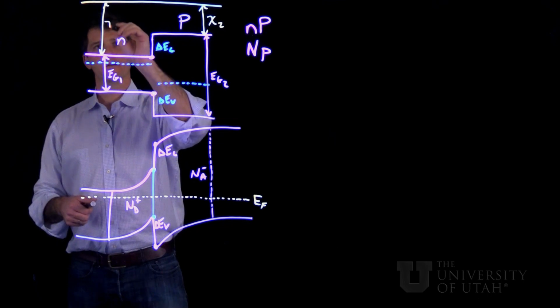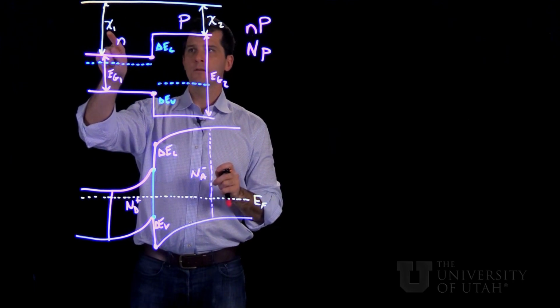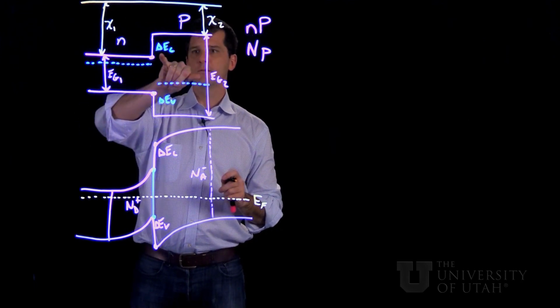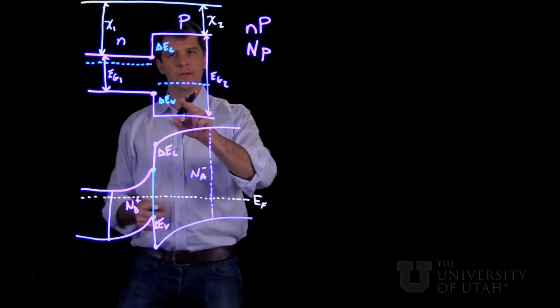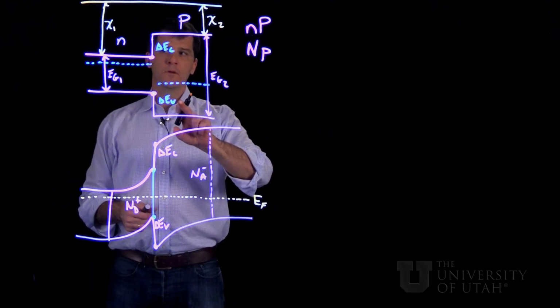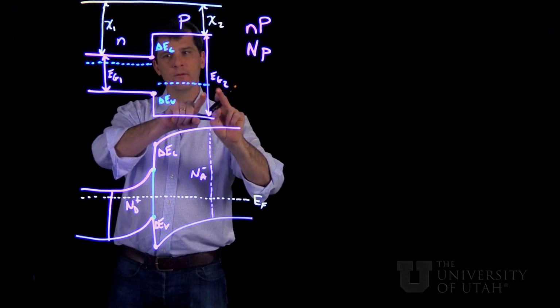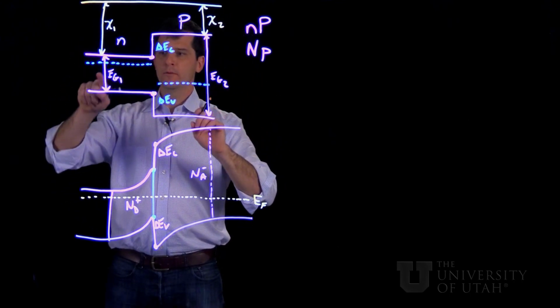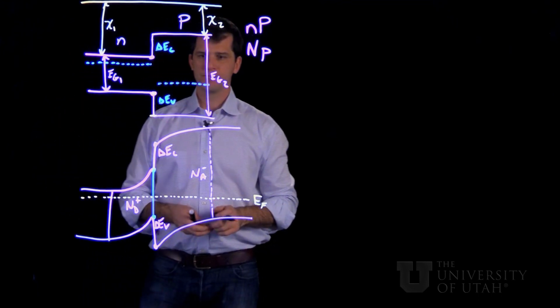This would be chi of semiconductor number 1. And the difference between chi 1 and chi 2 is going to give you the delta EC. Then you can figure out the delta EV by taking the difference of the sums of chi 2 plus E gap 2 and chi 1 plus E gap 1. And you'll notice that that comes out to this distance right here.